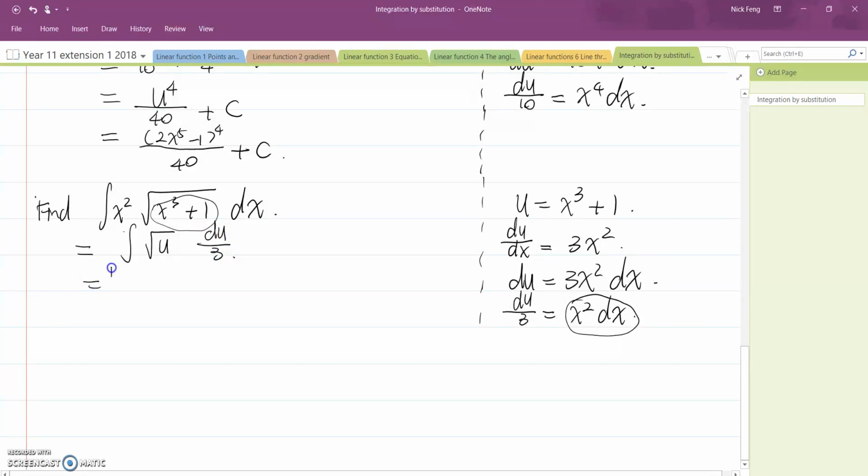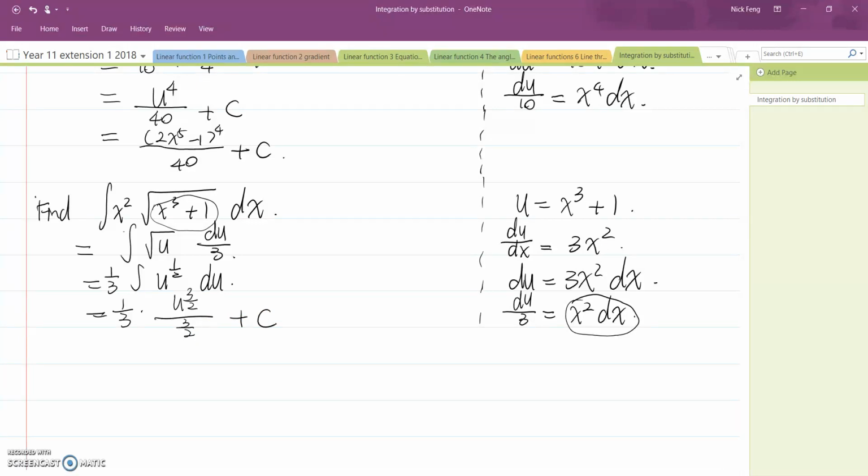Okay, and then if you take 1/3 out and change it into index form, it'll help you a little better. That becomes 1/3 multiplied by u to the power of 3 over 2 divided by 3 over 2 plus c, again, indefinite integral.